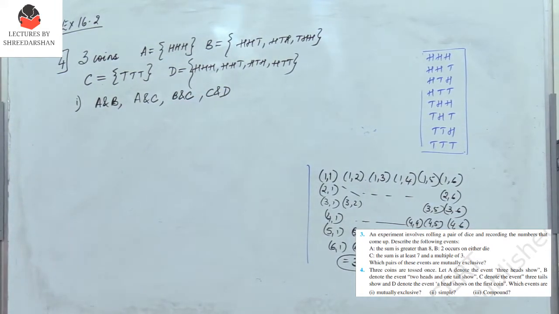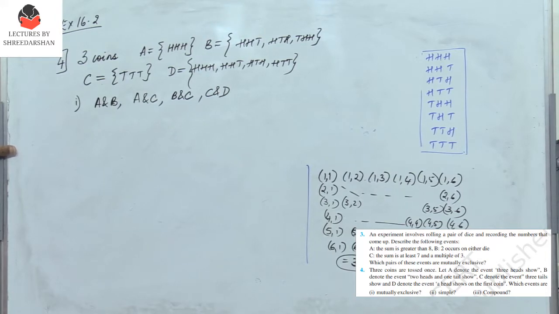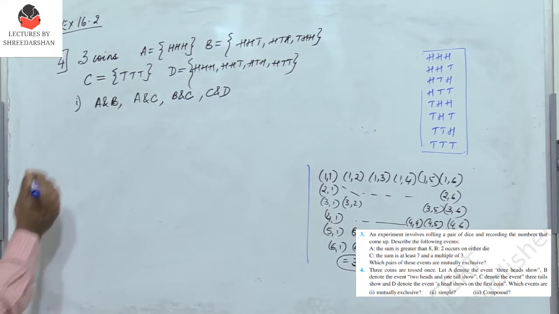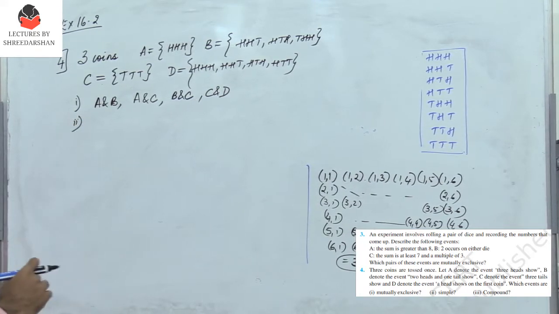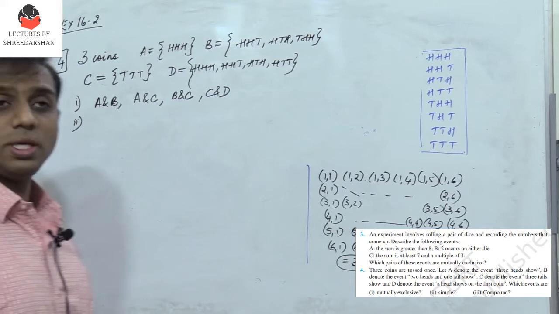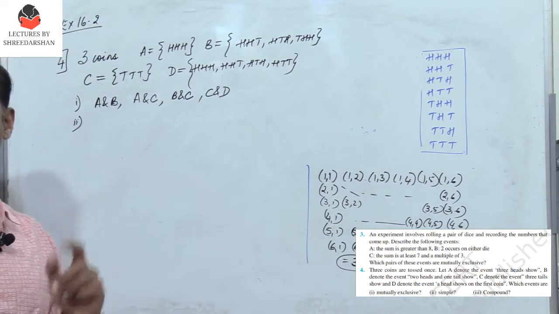So we have 4 combinations, that is A and B, A and C, B and C, and C and D are mutually exclusive. 2. Which of them are simple events? Now we consider an event to be simple if you have only one outcome.